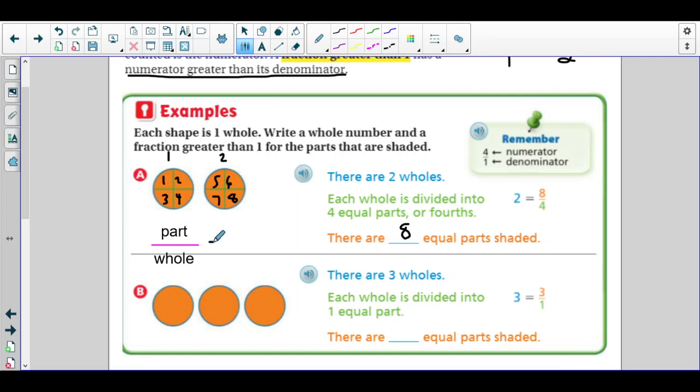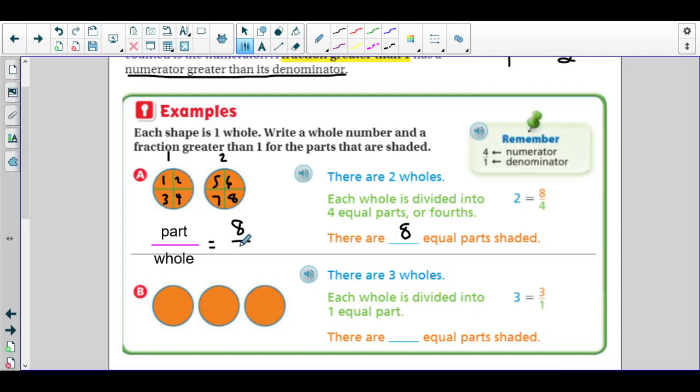So right here, the part: how many parts are shaded in? There's 8 of them. How many are in each of the wholes? Here represents 1. How many are in that?